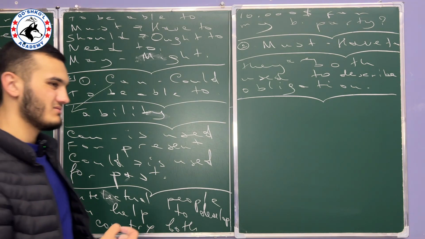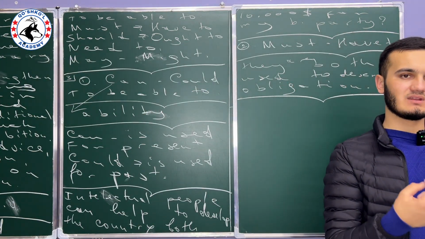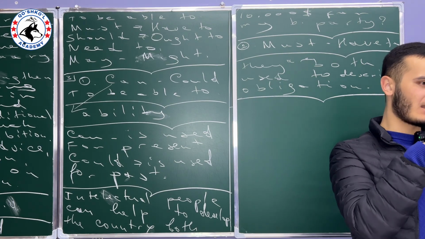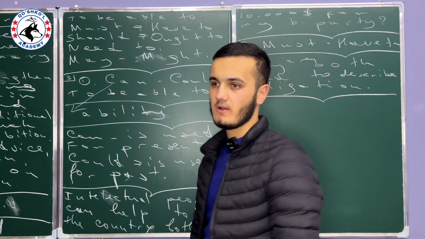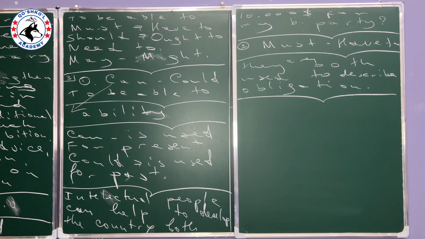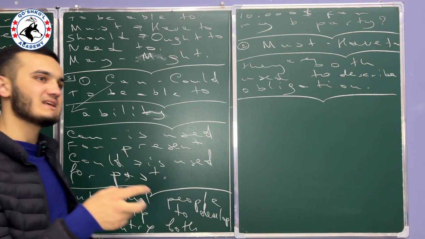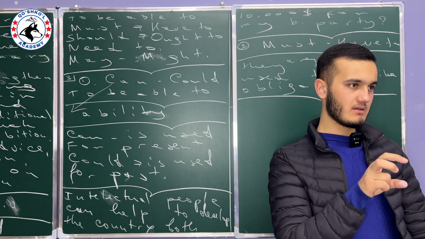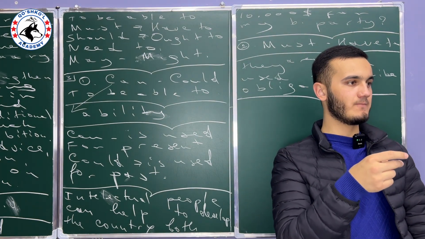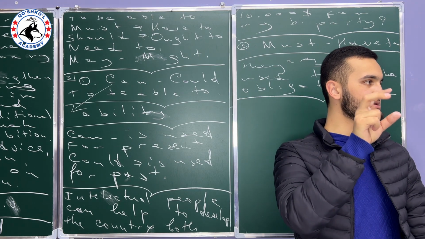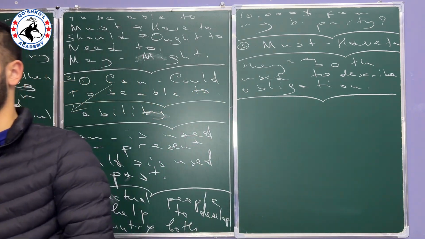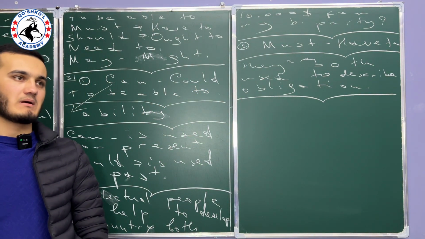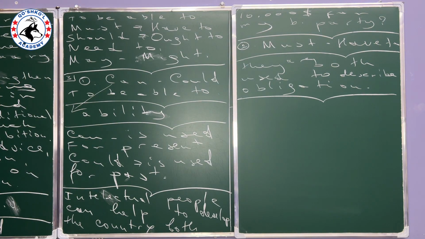Personal statement means that you think that something is correct or must be done according to your viewpoint. But social obligation is the group of rules or regulations that are accepted by the general public or by the state, and even the rules that exist in the constitution of the country. They can all be described with the help of have to, ladies and gentlemen. You get it, right?